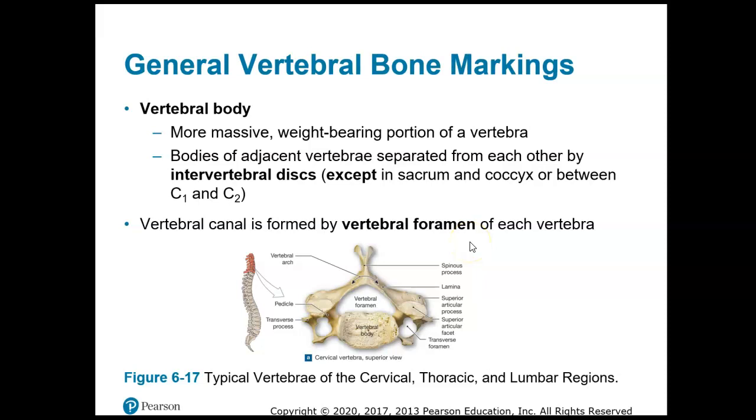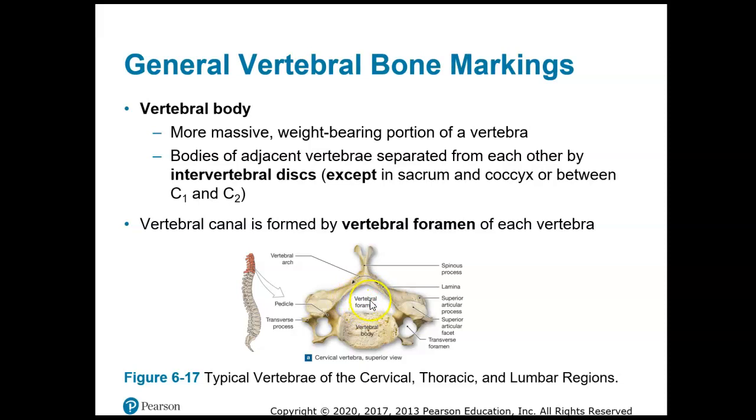So on this page, I would just say that the vertebral foramen, a foramen is just a large hole through bone. So this is a typical vertebra, a cervical vertebra. So the vertebral foramen through any of the vertebra, the cervical, thoracic, or lumbar, it doesn't matter.